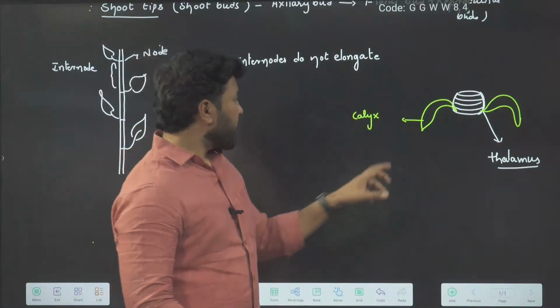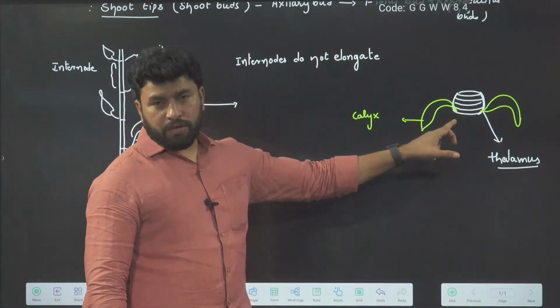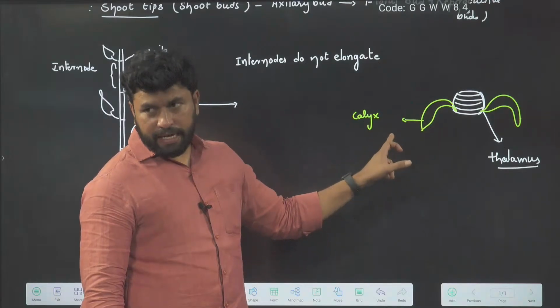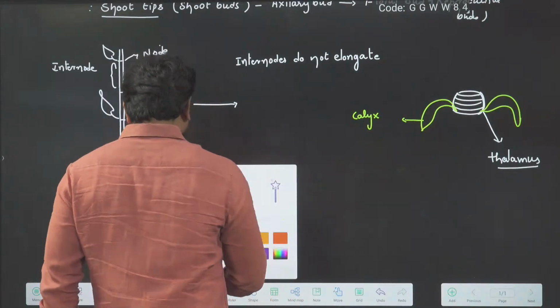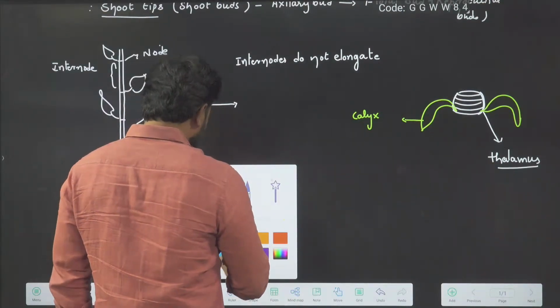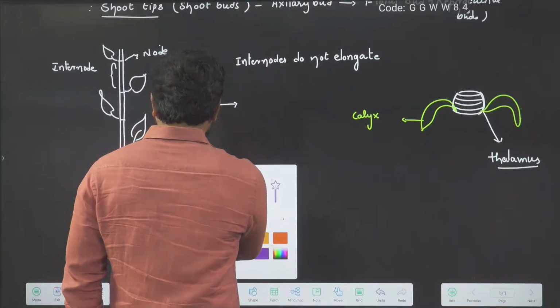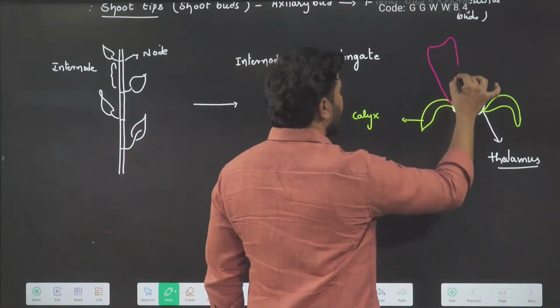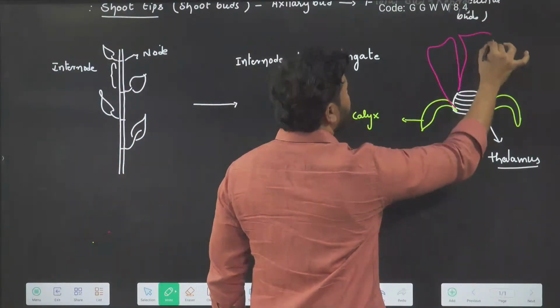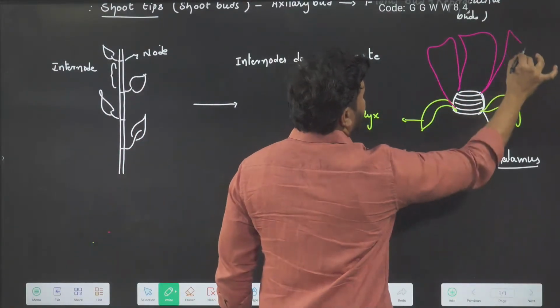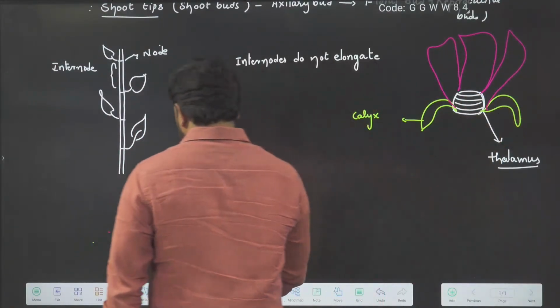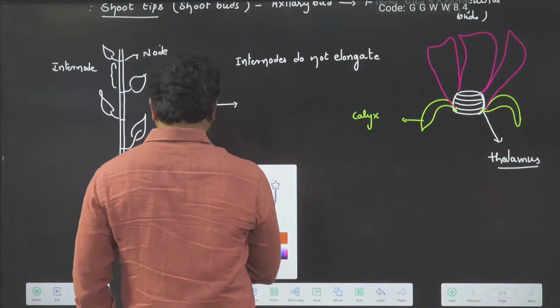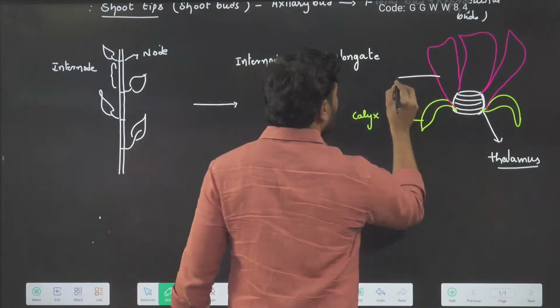Next one, the outermost node has developed the calyx. Then the second node, careful about this, we have to call them in successive order. The second node develops another floral appendage in the name of corolla.